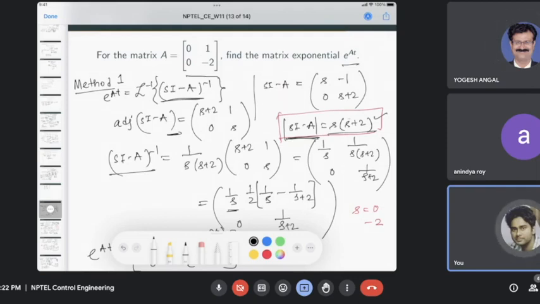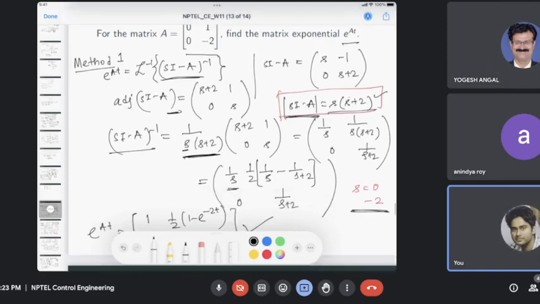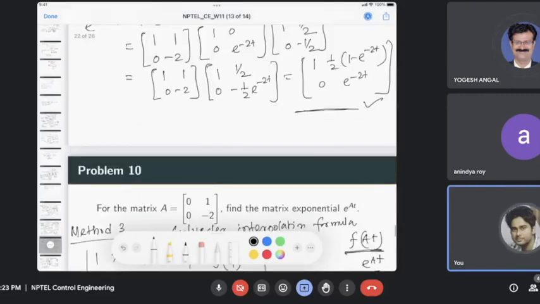So once we find the eigenvalues or poles, we know they will remain in the denominator term. So when we take this inverse Laplace transform, we know that one factor will be what? Okay, I'll just write here.